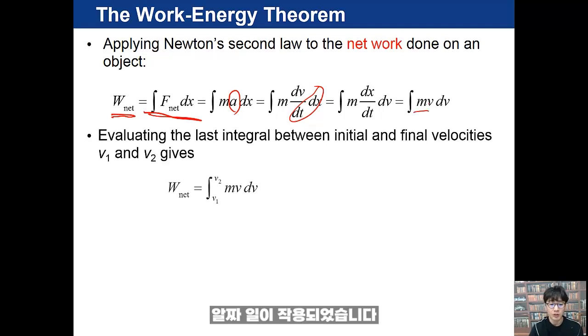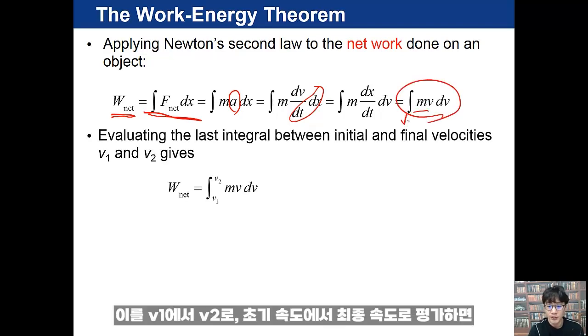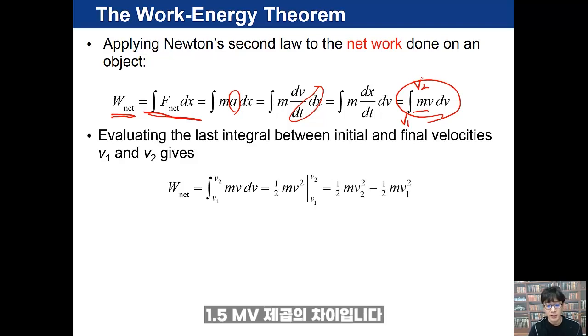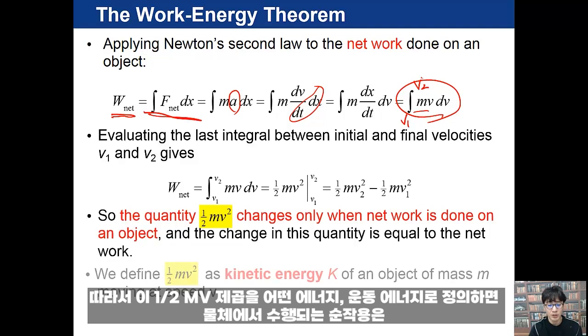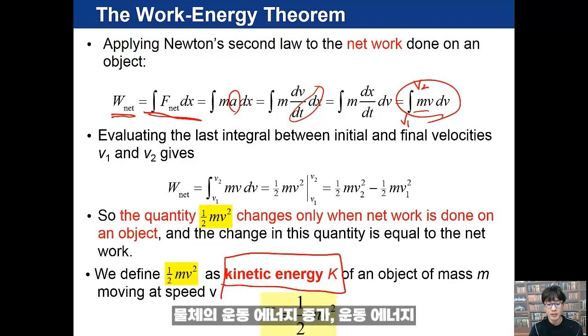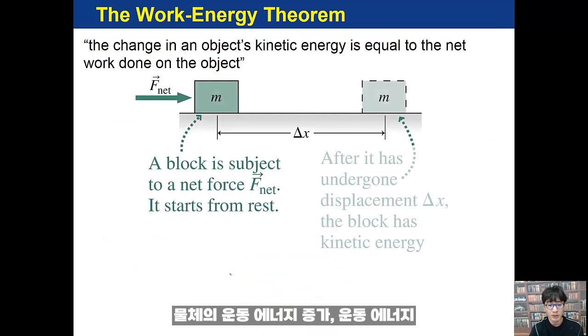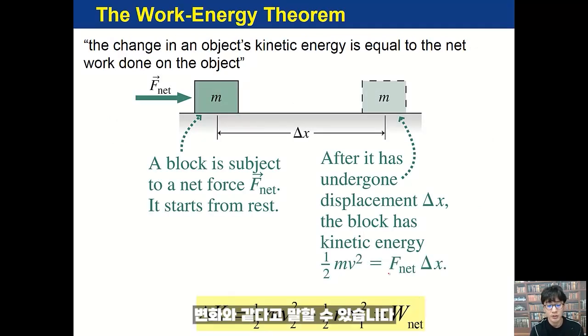So the net work done, if you evaluate this from v1 to v2, initial velocity to final velocity, is the difference of 1/2 mv squared. If we define this 1/2 mv squared as some energy, kinetic energy, then we can say that the net work done on an object is equal to the kinetic energy change of the object.